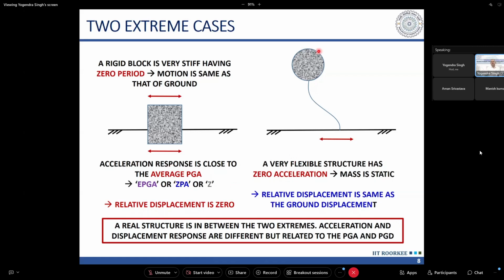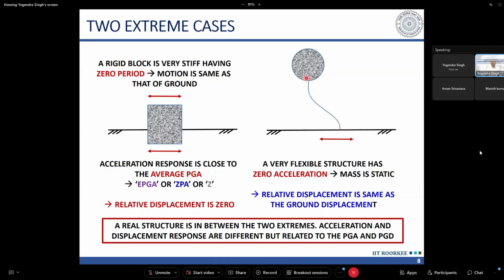And then the other extreme is a very flexible structure, like a balloon which is connected by a thread. If it is a very flexible structure and I shake the ground, what will happen? This mass will try to remain in its position, whereas the flexible support system is going to move.